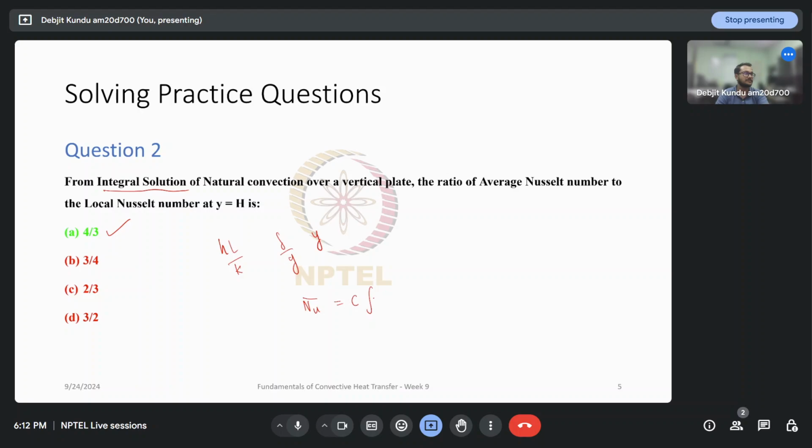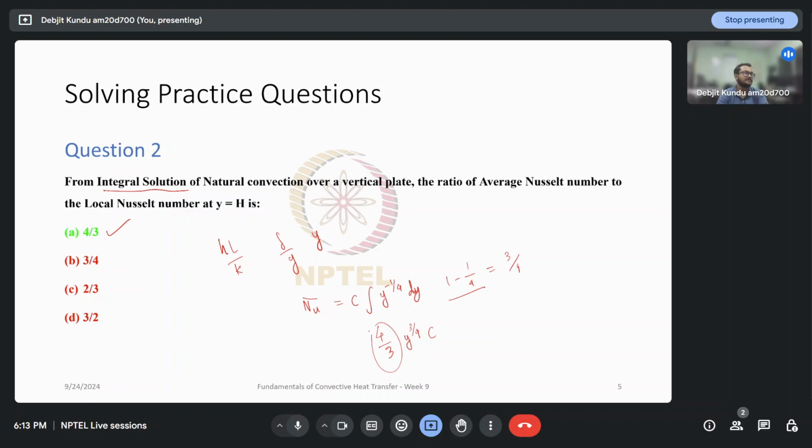There will be some constants before, and there will be y to the power minus 1 by 4 dy, and this integral will actually lead you to 4 by 3, because 1 by 1 minus 1 by 4 is equal to 3 by 4, and here we have to divide by it, so ultimately we will get something like this, and there will be constants and all that.